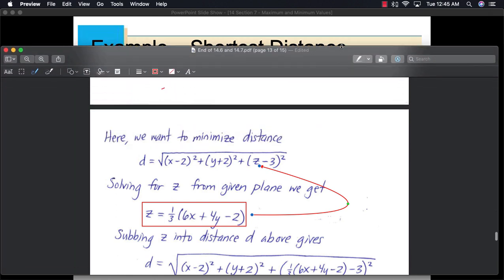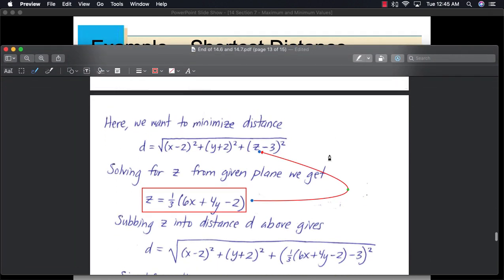For many of you, you might be thinking, well, this is making it look even harder. But trust me, this is the way to go. We're going from a function of 3 variables to now a function of 2 variables. So based on that alone, I'm sure every student can understand a function of 3 variables is much more complicated than a function of 2 variables.